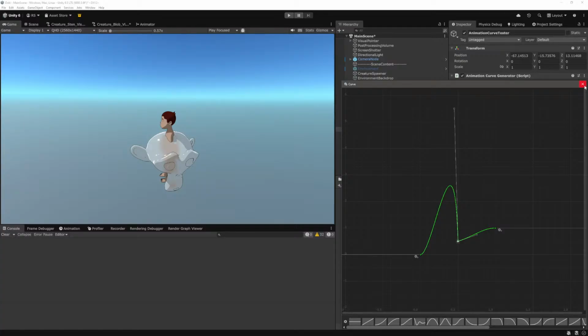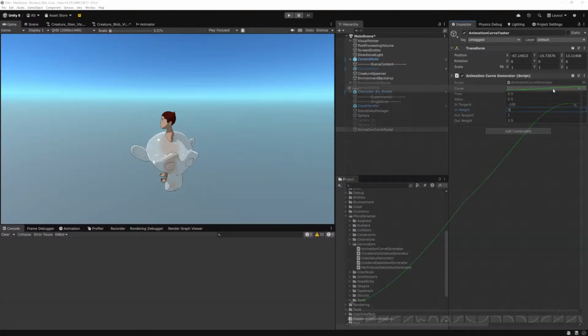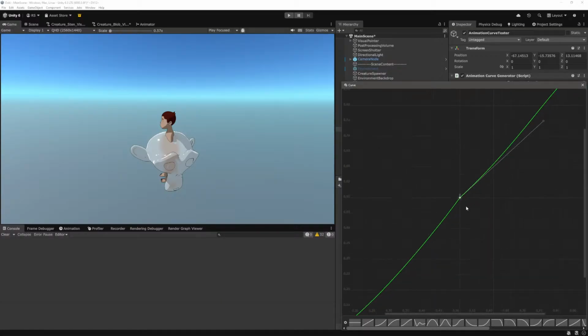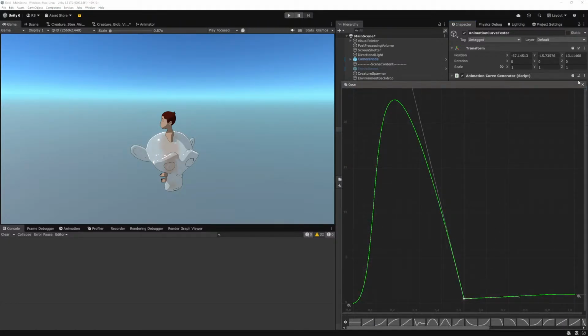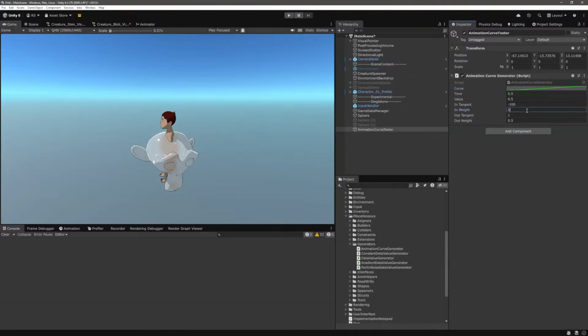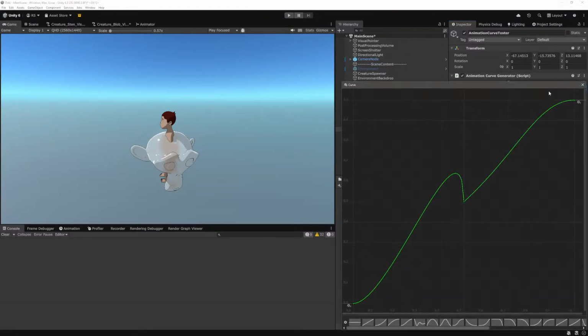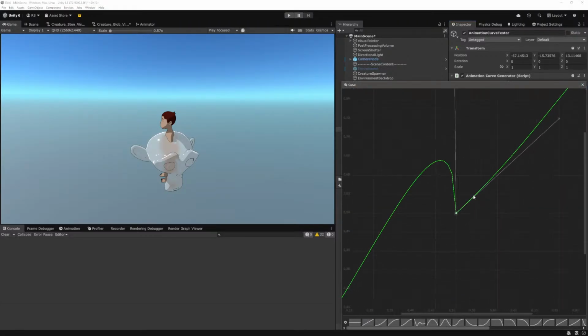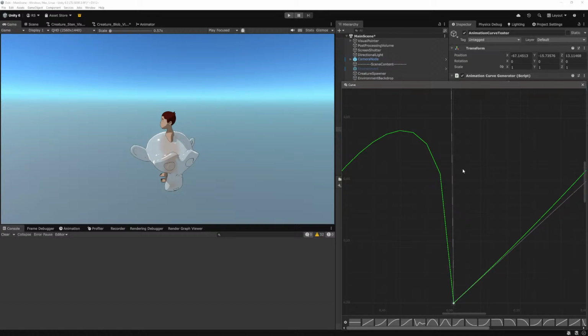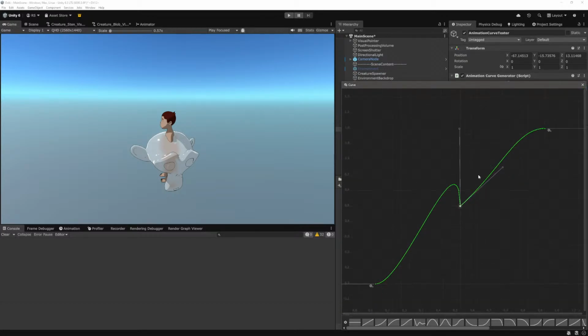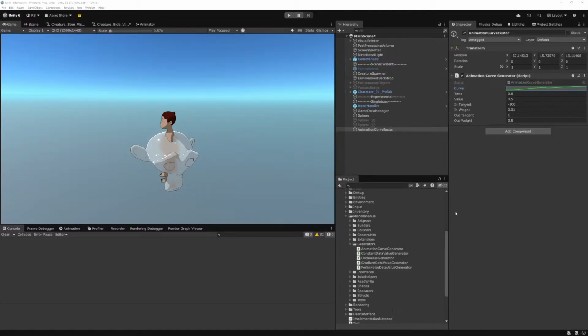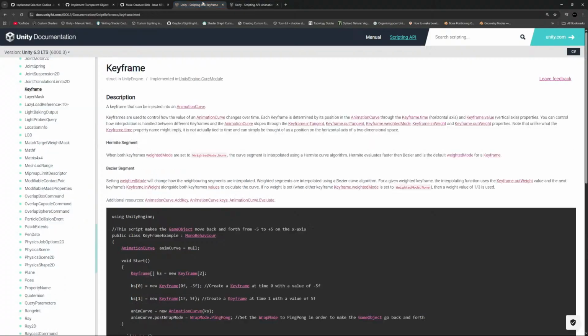I guess if we do in weight 0, what do we get then? And then we get something like that. That's not what I want. 1. How the hell are we going to be able to define nice curves with controls like this?